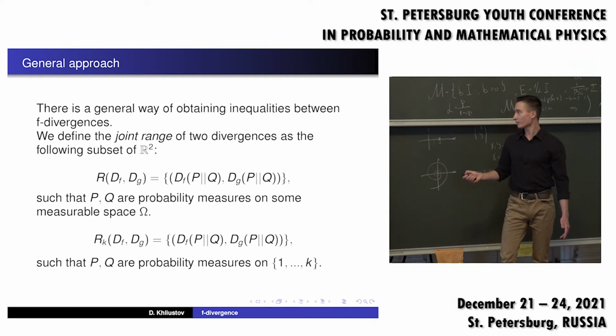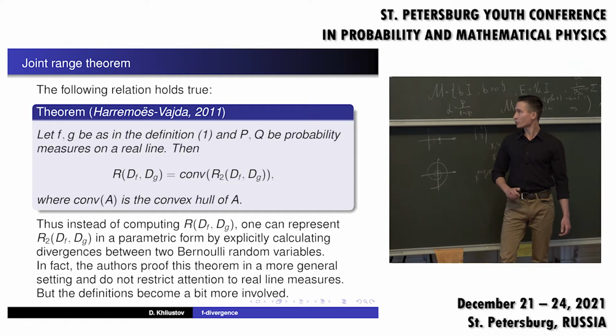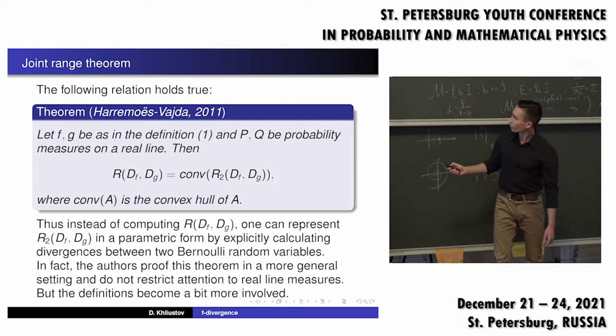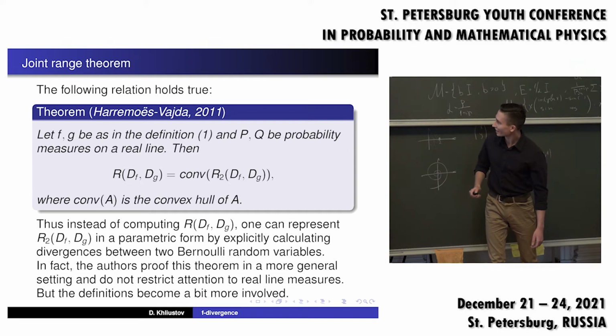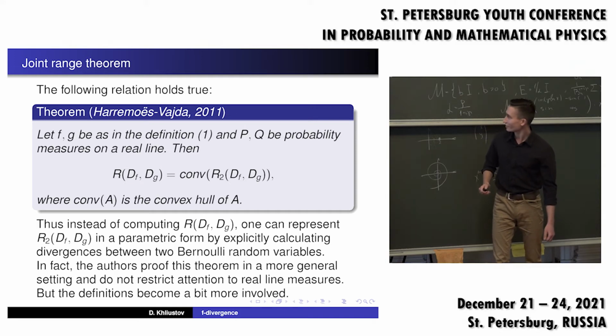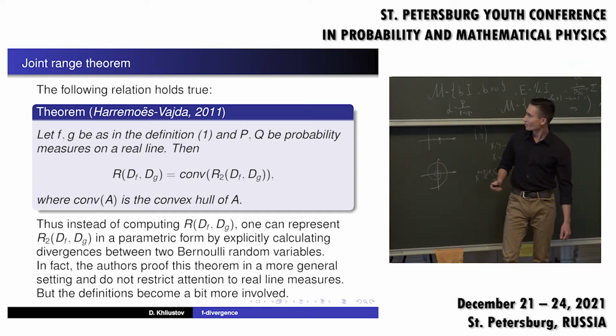And similarly, we define a restricted joint range, all the same except that the distributions are on a finite subset of the natural numbers. The main theorem which governs this approach is that of two Norwegians. I don't think I can recite their surnames clearly.